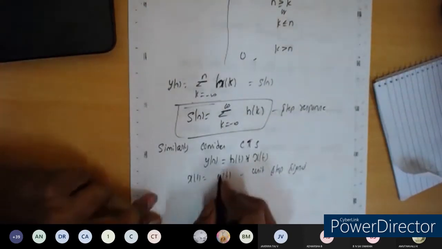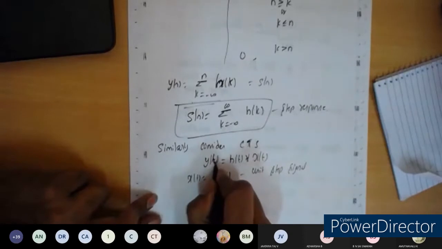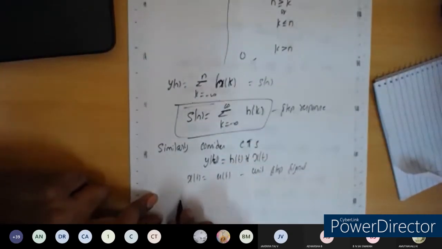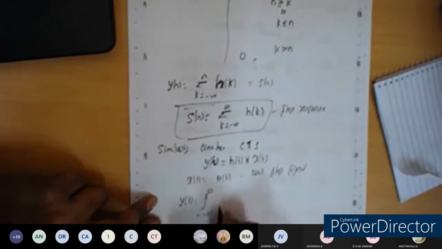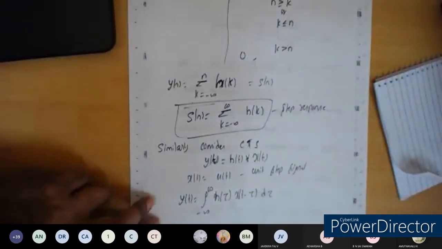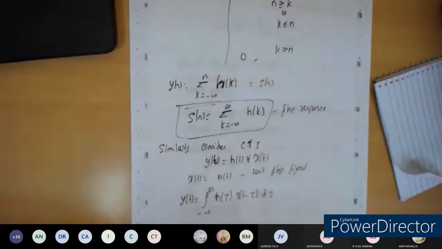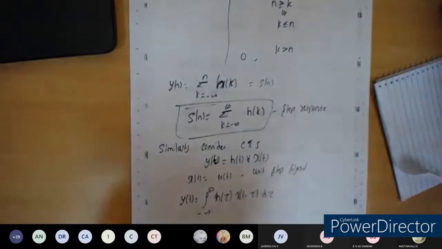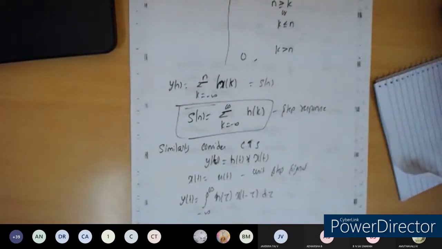Sorry, this is y of t. So y of t is equal to h of t convolution with u of t. Let me write the formula: the convolution integral, y of t is equal to the integral of h of tau into x of t minus tau d tau.